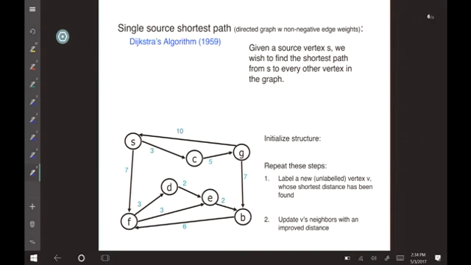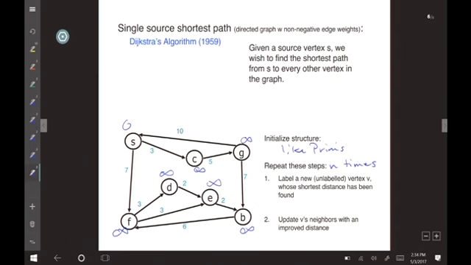Otherwise, those distances will stay infinity. We're going to initialize the structure. Guess how? Does that look familiar? Just like we did before, like Prim's. And then we're going to repeat these steps. I bet you can guess how many times. N times.